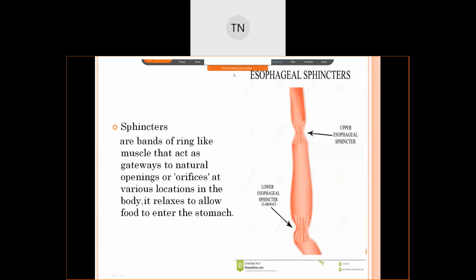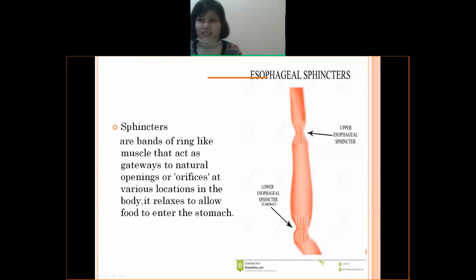Sphincters are bands of ring-like muscles that act as gateways to natural openings or orifices at various locations in the body. It relaxes to allow food to enter the stomach.